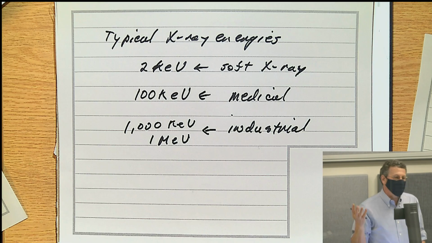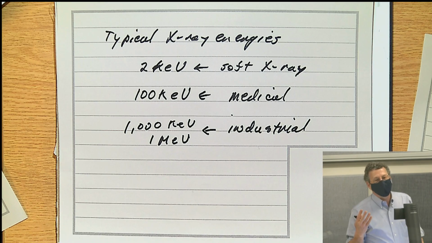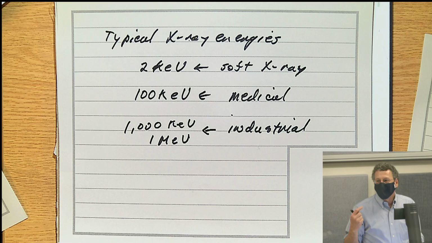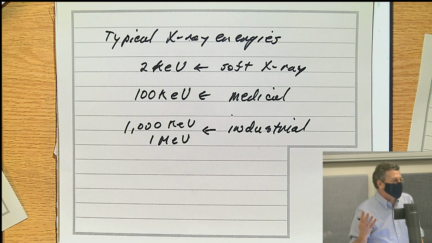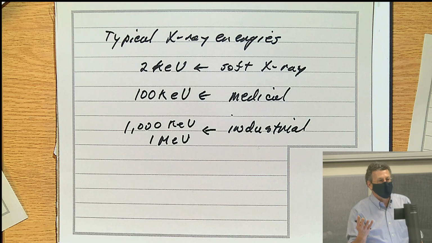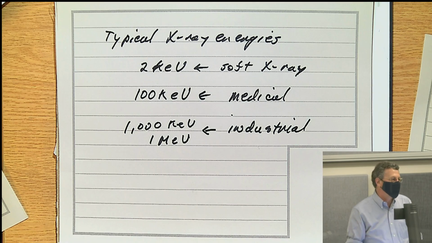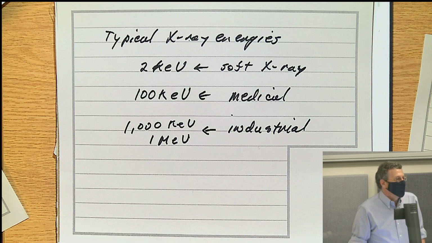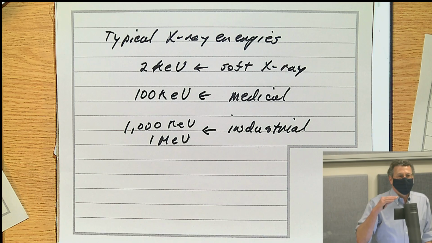In fact, if you buy windows for your house, they'll make them not optically transparent to ultraviolet light, so that it doesn't heat your house, and you don't get a sunburn sitting in front of the window, okay?